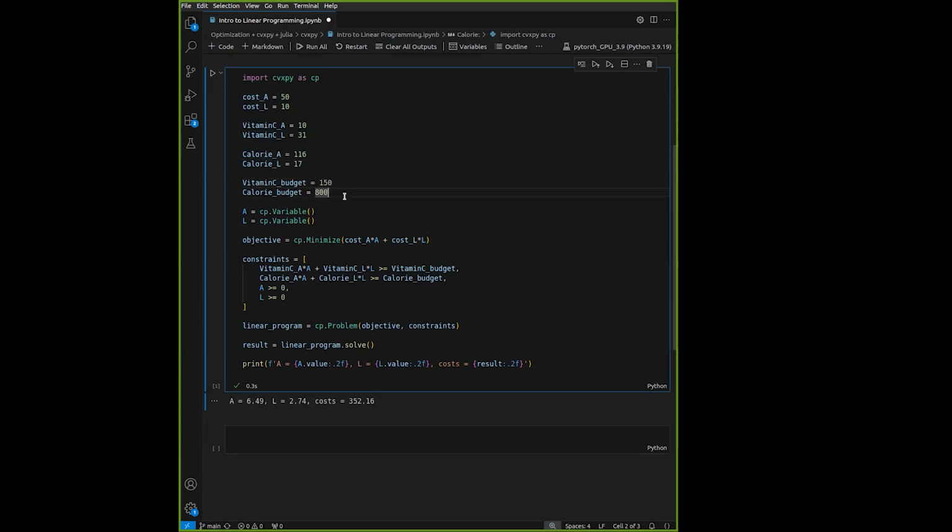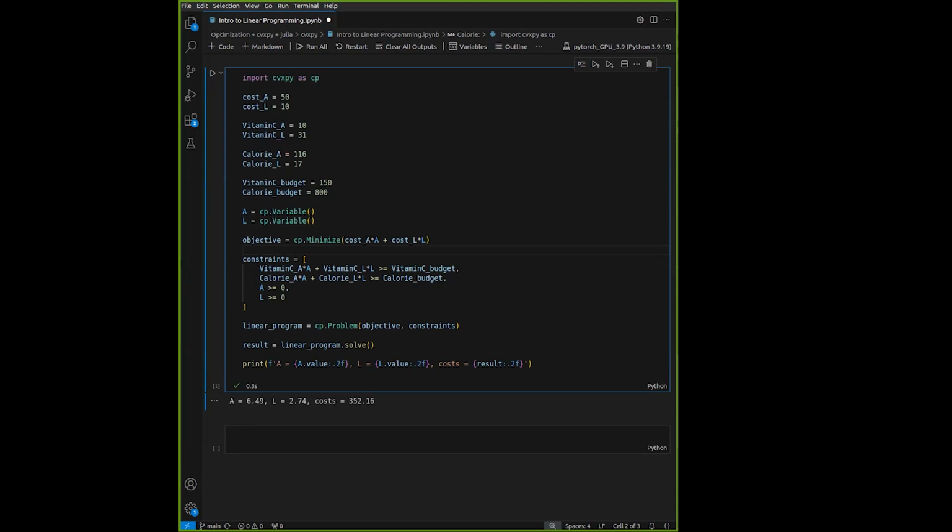Once I have these things, I can use the cvxpy library to build up an optimization problem and try to solve it. First we declare our variables, and these variables are scalars. These are counts. So our number of apples A is just cp.Variable. That's how I declare that this is an optimization variable. And the same thing for lemon. Next, we have to create an objective function.